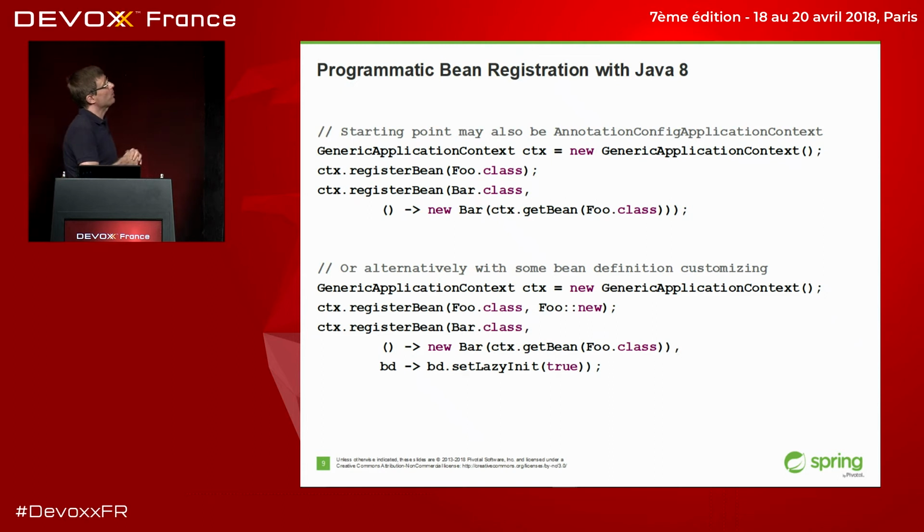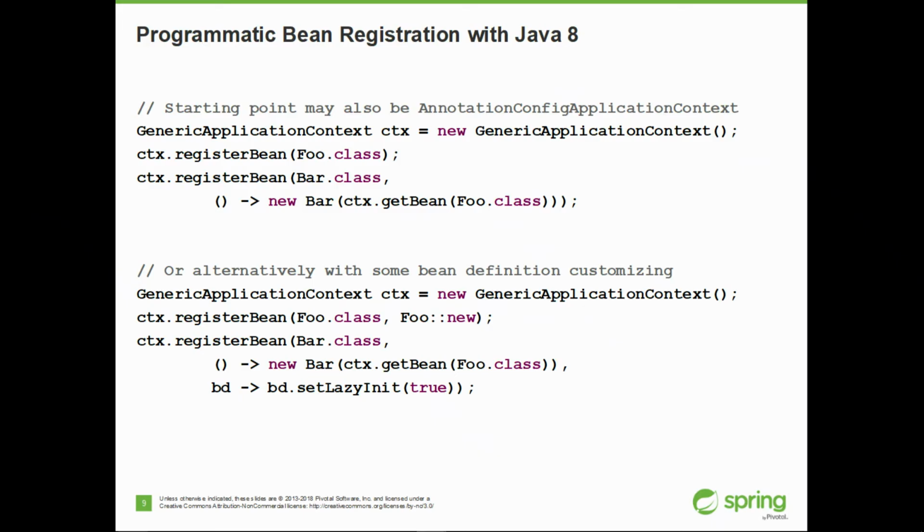A couple of examples for you. This is, in essence, what functional registration looks like using the Java 8 language. The aforementioned GenericApplicationContext always had methods like registerBeanDefinition, metadata-oriented methods.